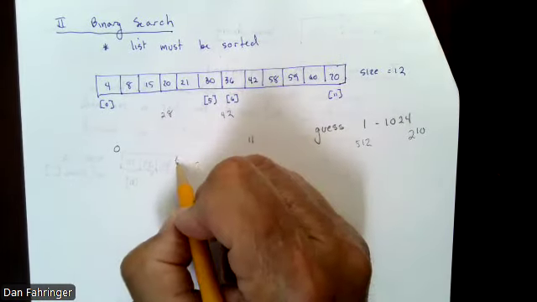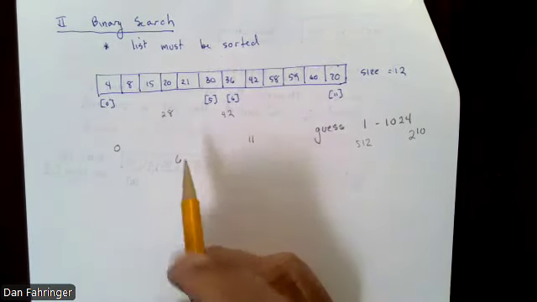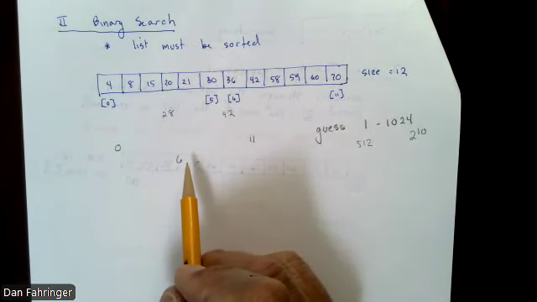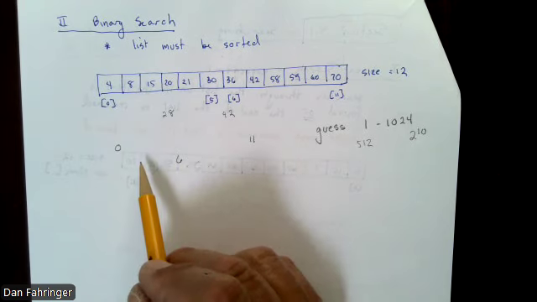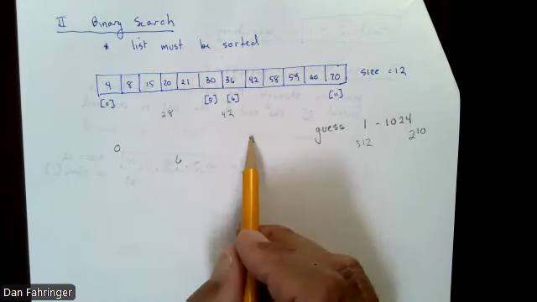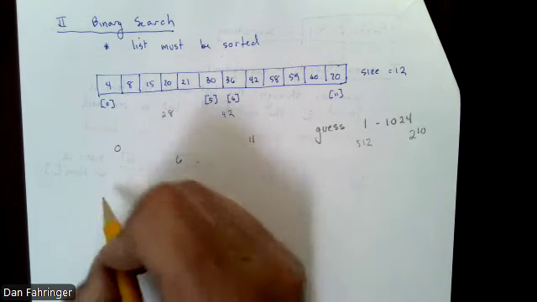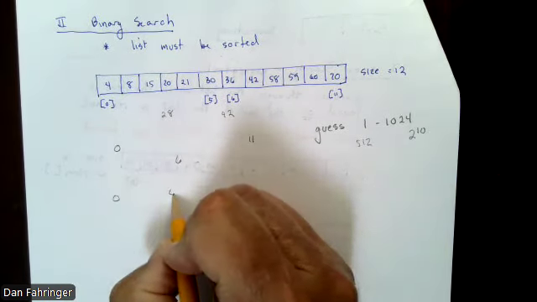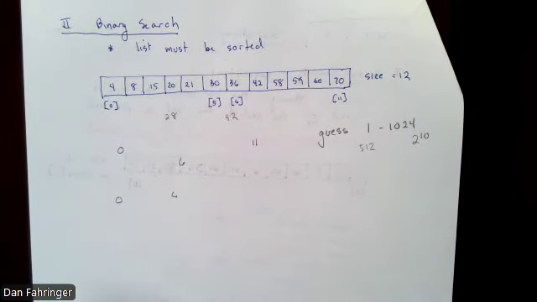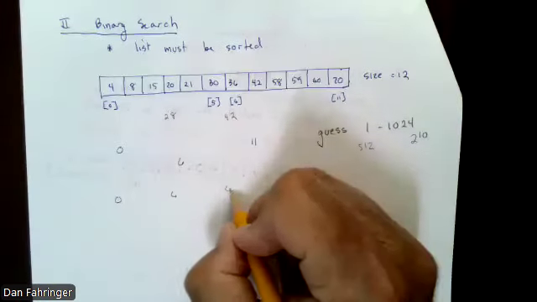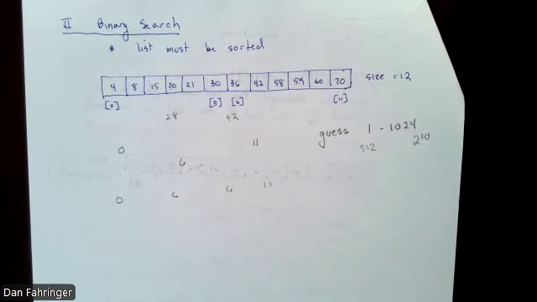It'd be like 6. Now, we're going to look at higher or lower. If it's lower, now instead of having 0 and 11 as my end numbers, I'd have 0 and 6 as my end numbers. If it was higher, I'd have 6 and 11 as my numbers.